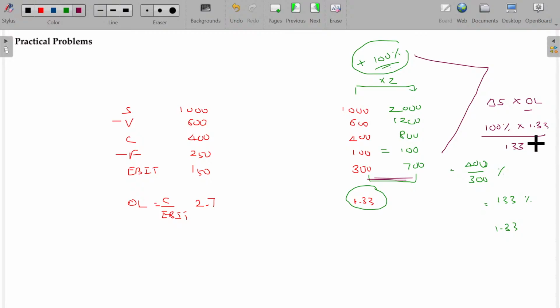Otherwise, 133% will be the change. Otherwise, 233 will be the new value. Either you can say 233, or you can say 133 increased. So 300 plus an increase of 133 on this, which is 400. So the new value being 700. Clear?